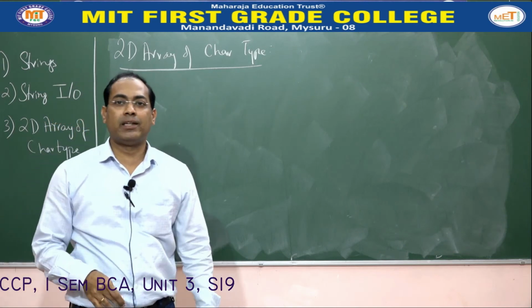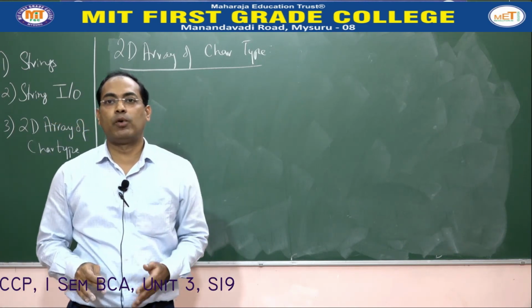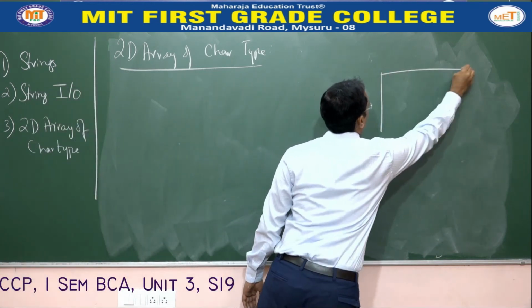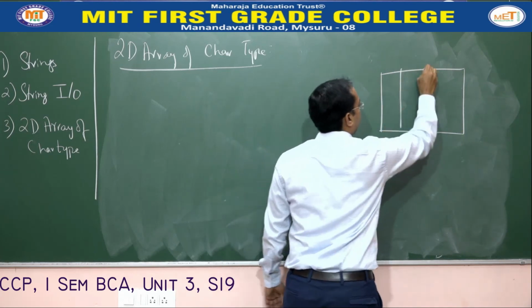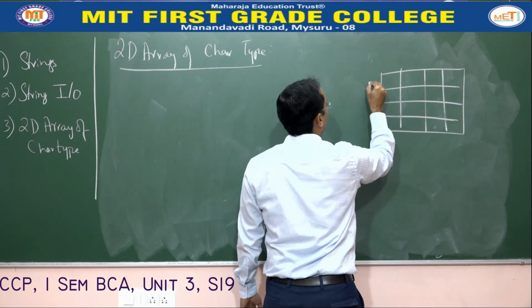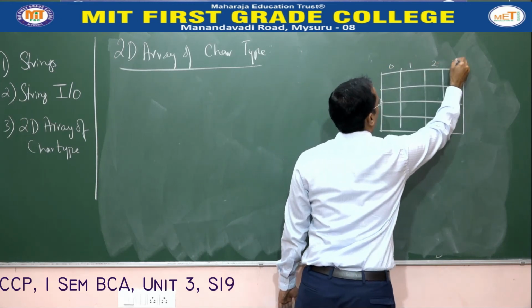Students, what comes to your mind when we talk about 2D, two dimension? It means that there are some rows and some columns, so it is a tabular structure. These are rows and these are columns.